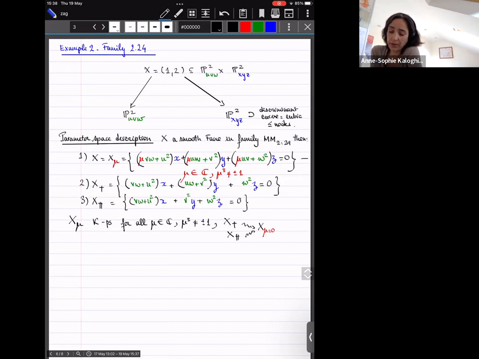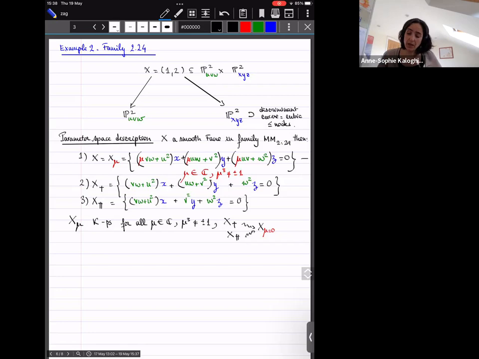And these are what I call X dagger and X double dagger, where basically we have VW plus U squared times X plus UW plus V squared times Y plus W squared Z equals 0. And then VW plus U squared times X plus V squared Y plus W squared Z equals 0. And what we can show, and this is already done in the book, is that X mu is K-polystable for all mu in C that is not plus or minus 1.